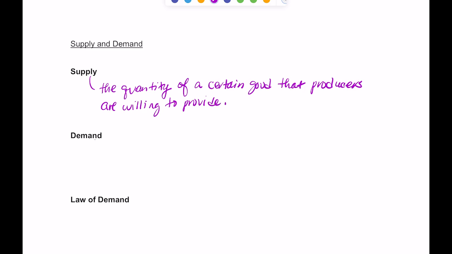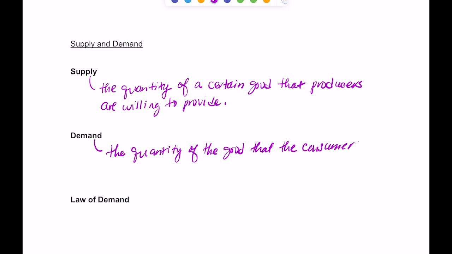Demand is the quantity of the good the consumers are willing to buy. So to summarize, supply has to do with the producers and what they're willing to provide.